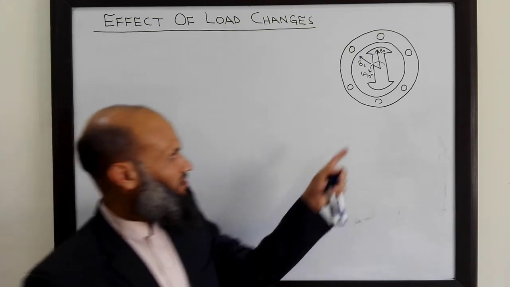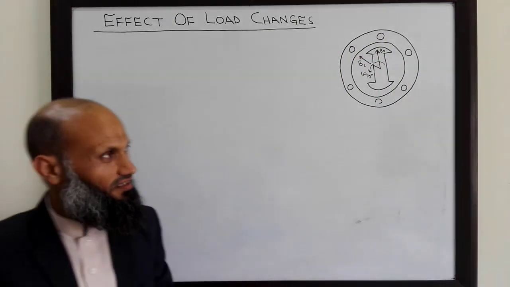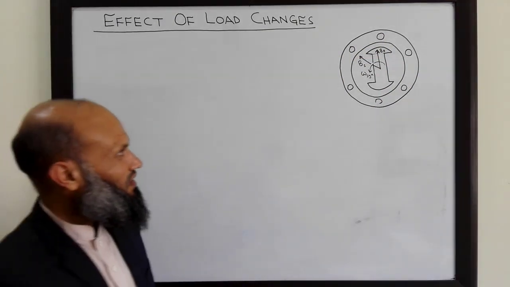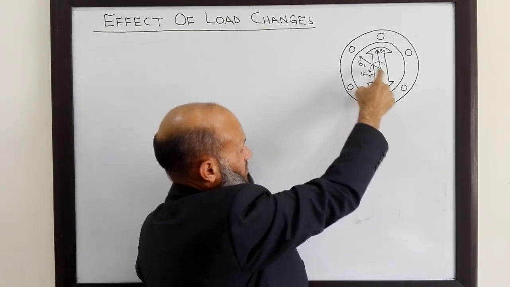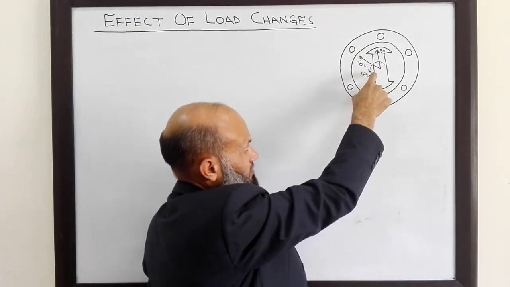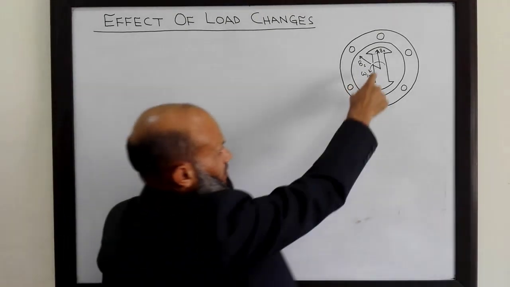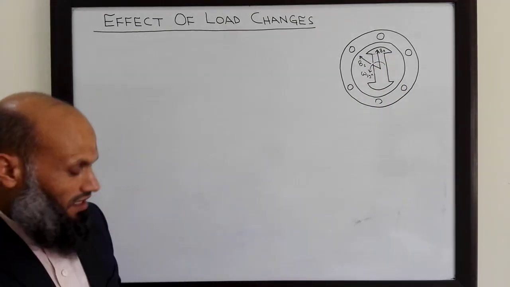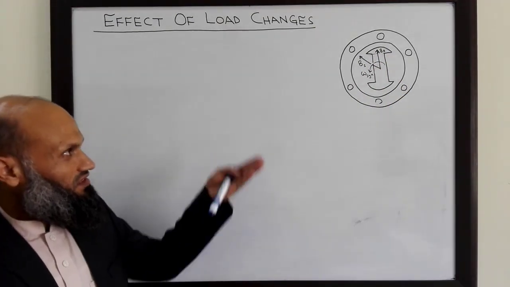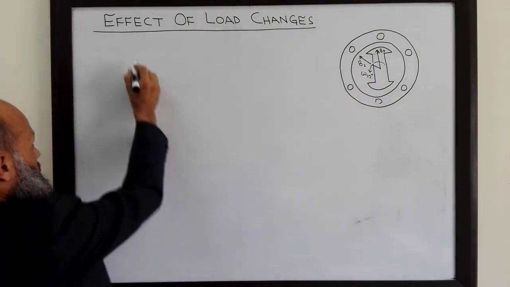When we supply three-phase currents to these three-phase coils placed on the stator of a synchronous motor, a uniform rotating magnetic field is generated. This rotating magnetic field, Bs, rotates with synchronous speed. There is another magnetic field, Br, due to field windings on the rotor, and due to the interaction of the two magnetic fields, torque is induced.